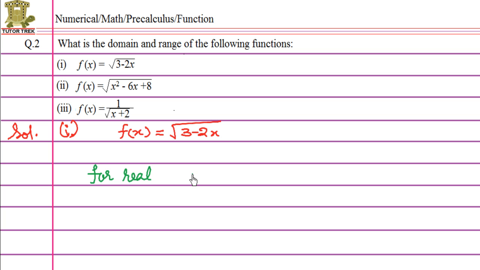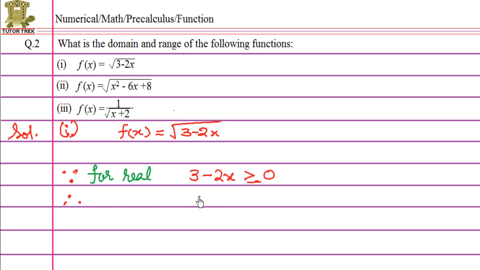For real, 3 minus 2x is greater than or equal to 0.